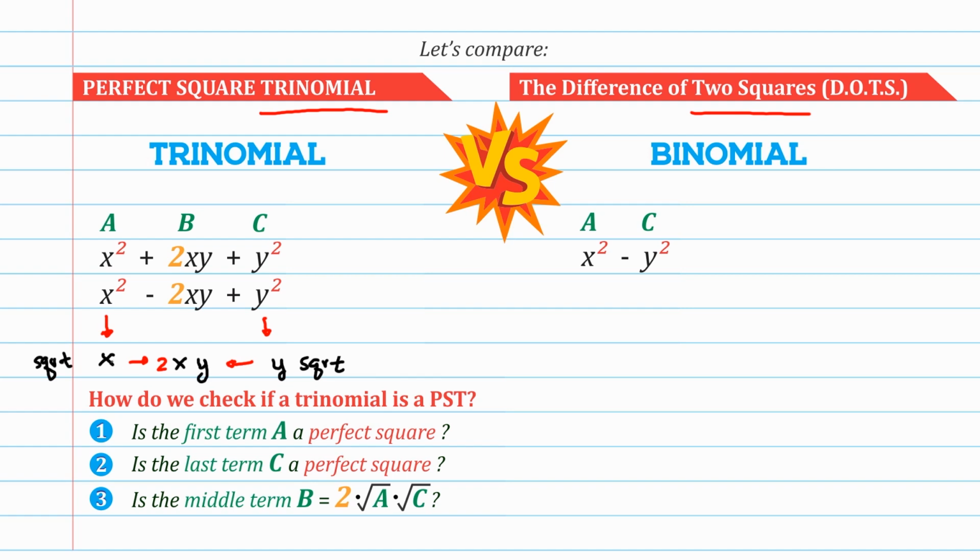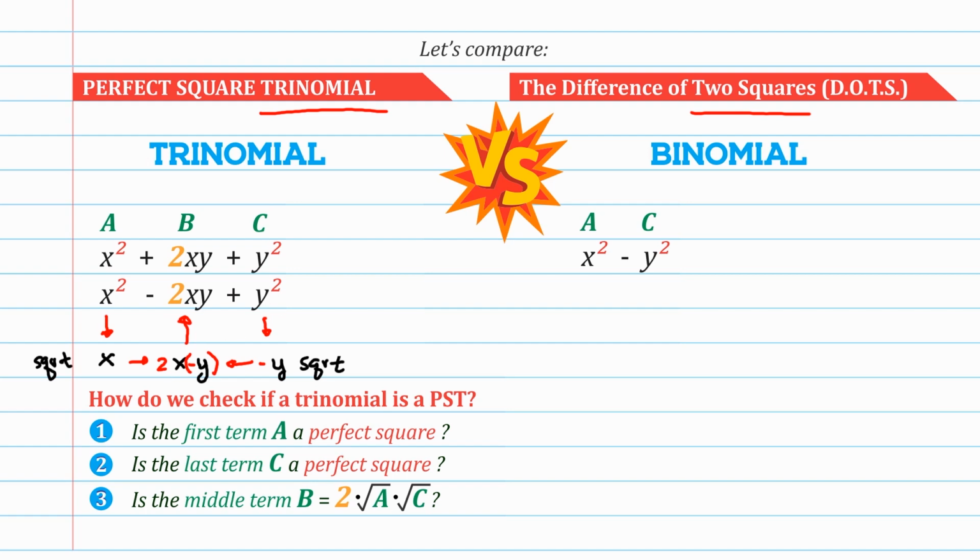Is 2 times x, ito yon, times y, ito yon, equal to our middle term? In this case, no. Bakit? Pwede naman kasi that the square root of y squared is the negative of y. So this can be the negative of y, therefore, equal na. So reminder, hindi lang dapat perfect square, kailangan double the product of the square roots ito.